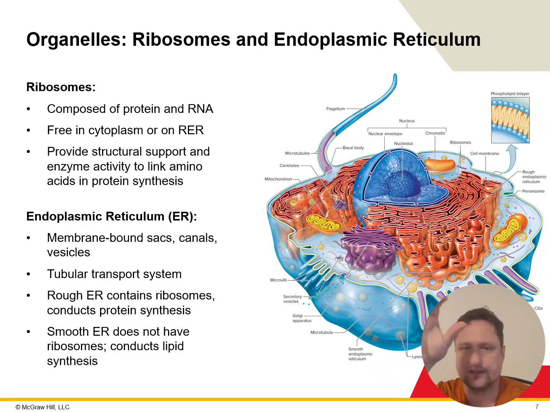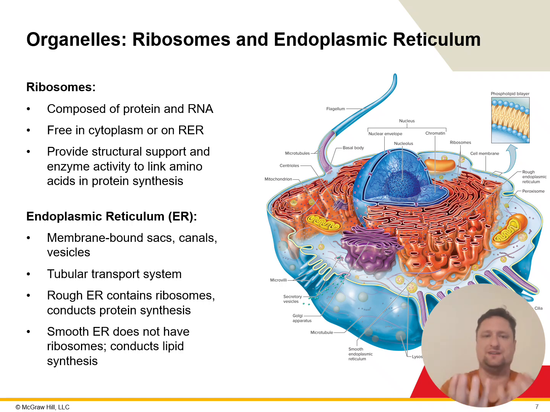They can exist freely in the cytoplasm, where they produce proteins used within the cell, or they may attach to the rough endoplasmic reticulum, forming a structure specialized for the synthesis of proteins, which is then destined for secretion or for incorporation into cell membranes.